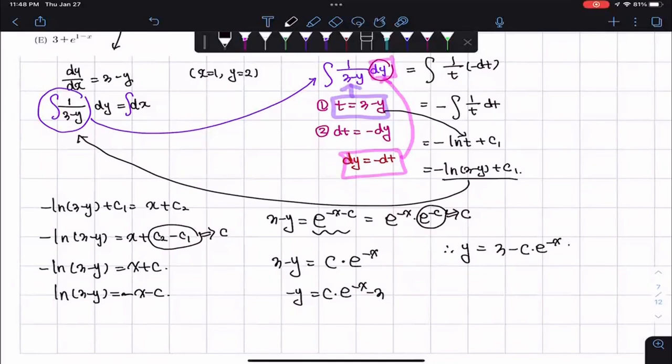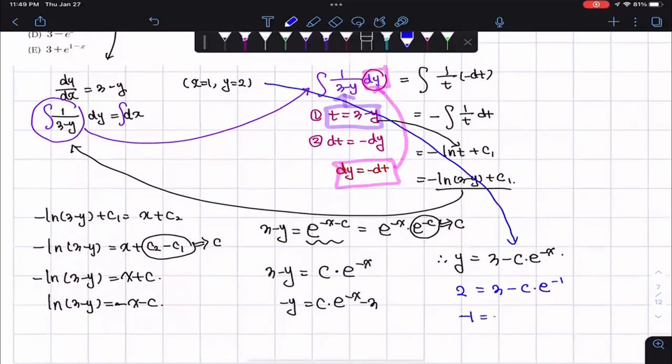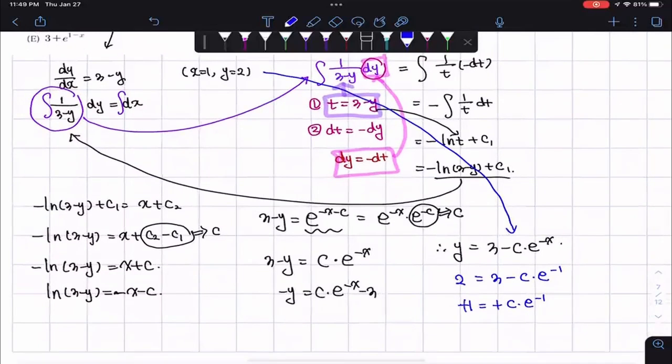Let's find c, plugging in the coordinate x equals 1, y equals 2.